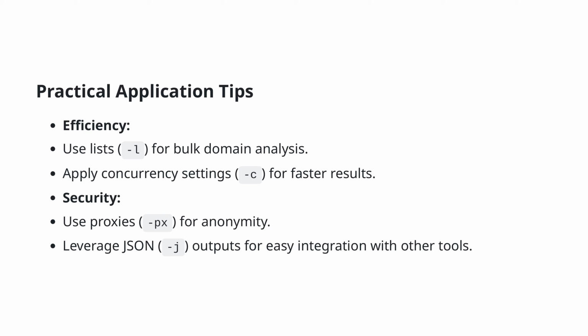When it comes to security, employing proxies through the -px flag can help maintain your anonymity during scans. Moreover, opting for JSON output via the -j flag is not just about structural cleanliness, but it also facilitates seamless integration with a variety of other tools, streamlining your data processing pipeline.